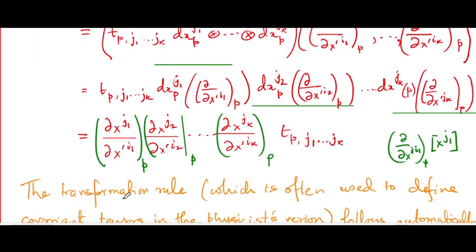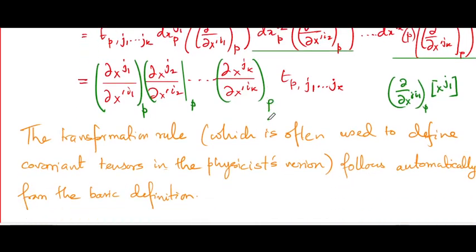If you think of the way in which a covector transforms, you would get del x^j / del x prime i as a single factor. Here you have a bunch of k such factors. Now this transformation rule is often used to define covariant tensors in the physicist version, as we have already said. But this actually follows automatically from the basis definition of a tensor as a multilinear map.